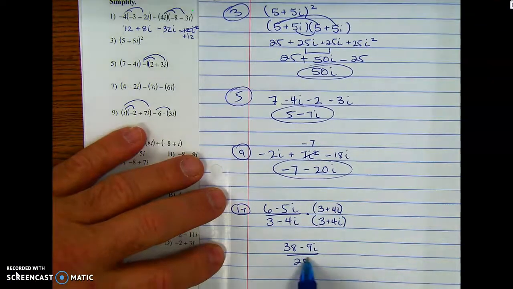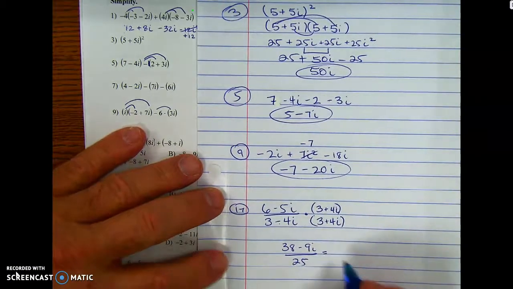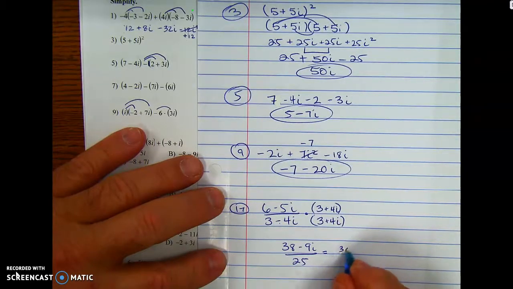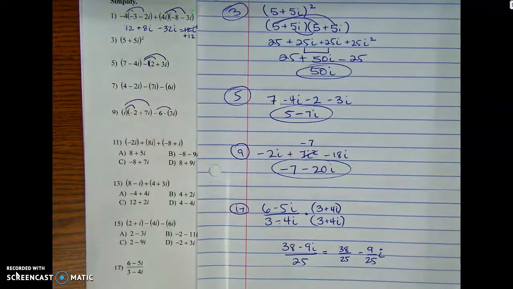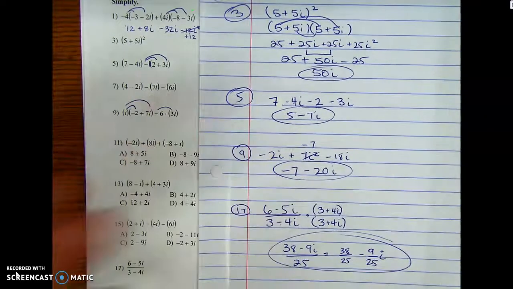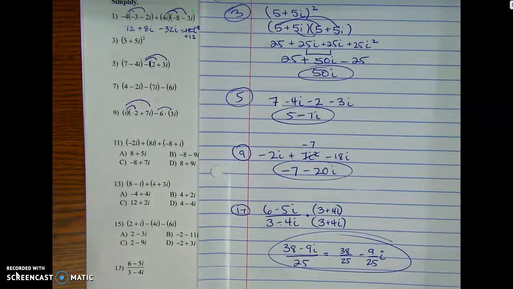All right, so here's the answer. Now, your calculator is probably going to give it to you this way. 38 over 25 minus 9 over 25 times i. Those are the same thing. So I'm going to circle all that. That's your answer. Okay. Let me know if you get something different.